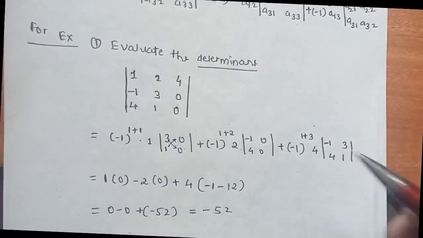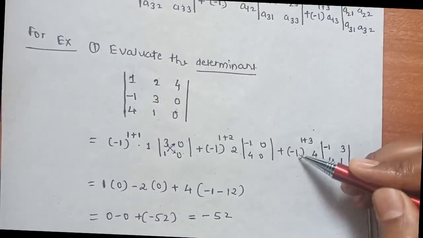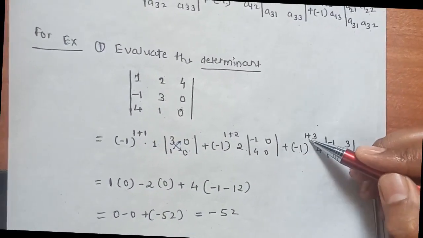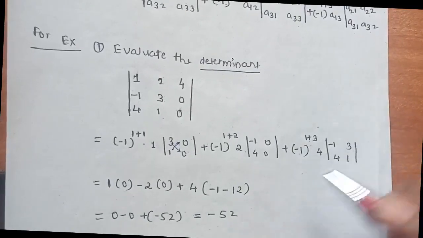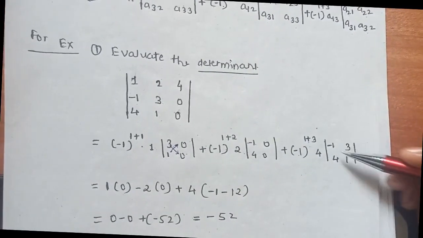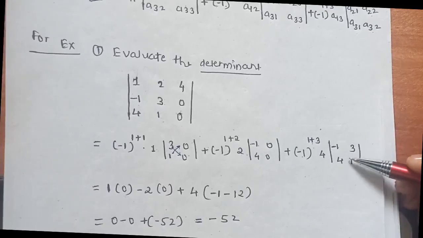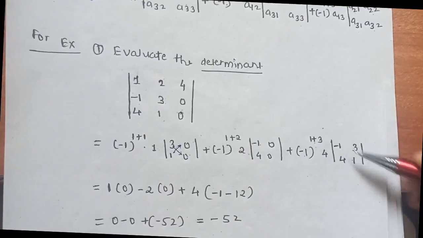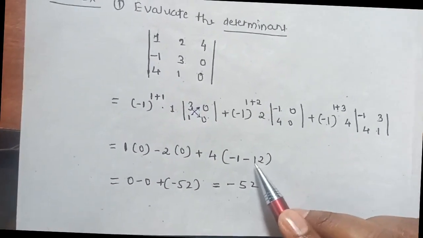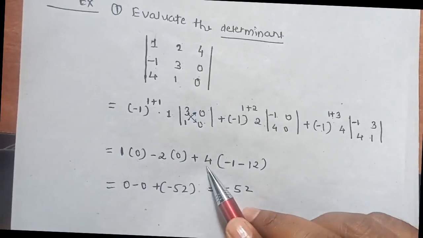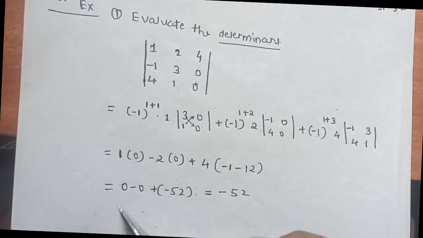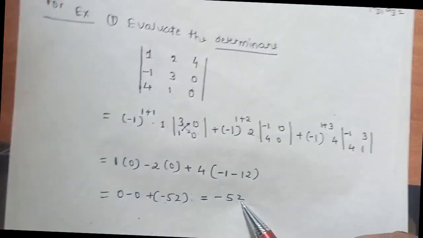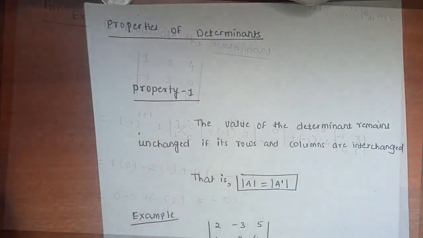Plus 1 plus 3 is 4, so minus 1 to the power of 4 is 1, so 1 into 4 is 4. Here minus 1 into 1 is minus 1, minus 4 into 3 is 12, so minus 1 minus 12 is minus 13, and minus 13 into 4 is minus 52. If I solve this, I get minus 52 as the answer.